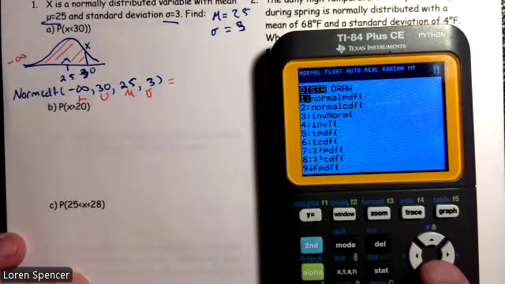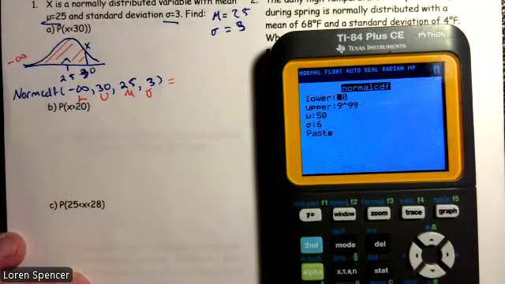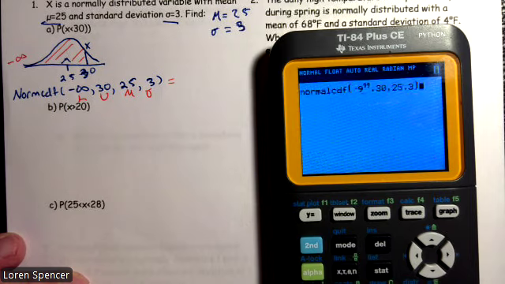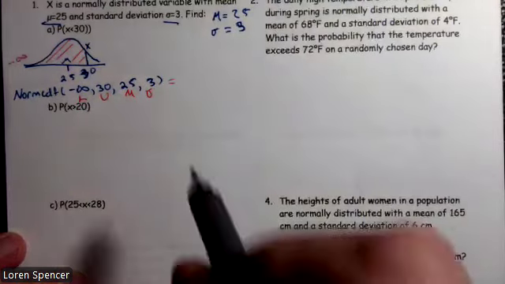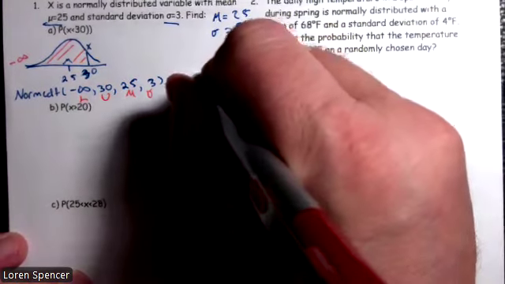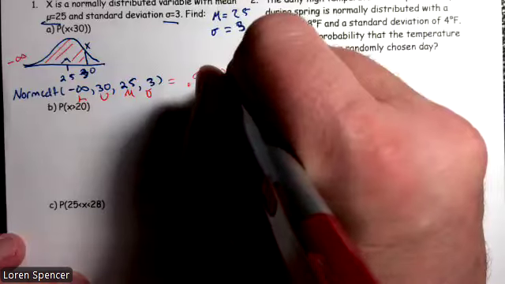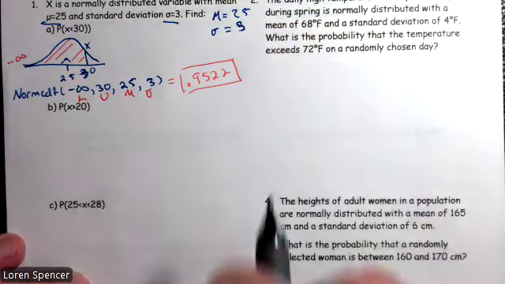So second vars, normal CDF, lower bound negative 9 raised to the 99th, upper bound 30, mean 25, standard deviation 3. And we end up with 0.9522. Let's go ahead and box that answer.